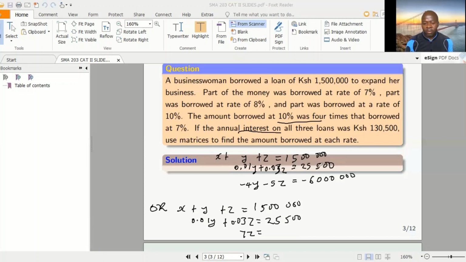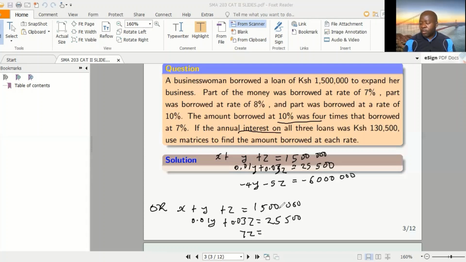Let me just do it with my calculator. So that is 25,500 times 400.